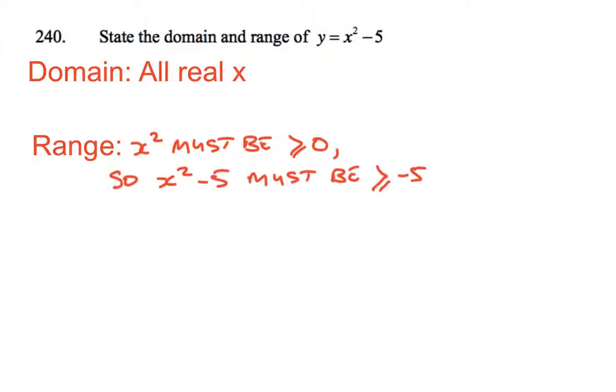So x squared minus 5 must be greater than or equal to minus 5. The lowest value for x squared would be 0. So 0 minus 5 would be the lowest value that y could be in that whole arrangement. So we'd say the range is y is greater than or equal to minus 5.